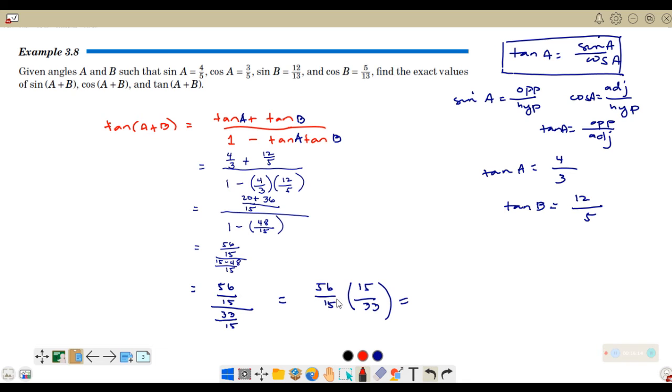So, meron na tayo dito 15 for the denominator and 15 for the numerator. So, you will be left with 56 over 33. I don't know if 56 over 33 can be reduced to lowest terms. Let's see. 56 divided by 33. Ay, hindi. Hindi na to na lowest term. Ito na yung final answer.